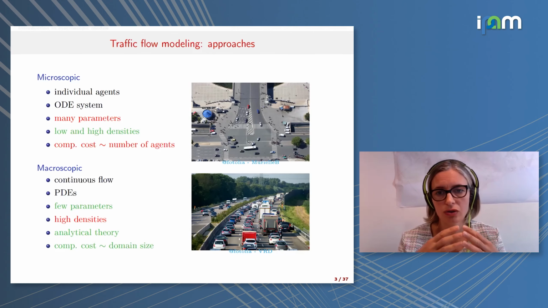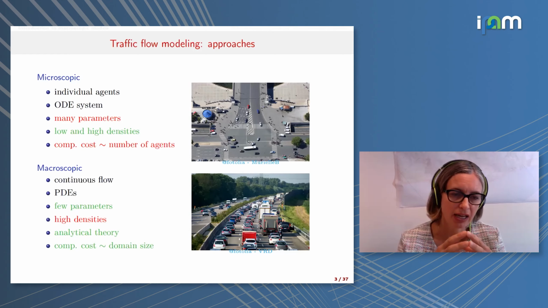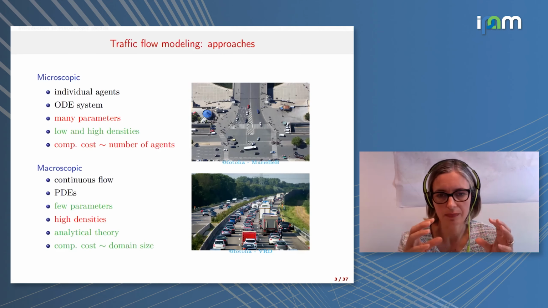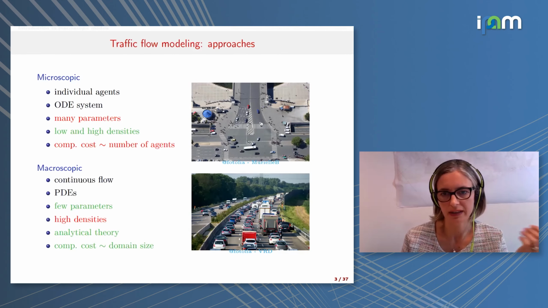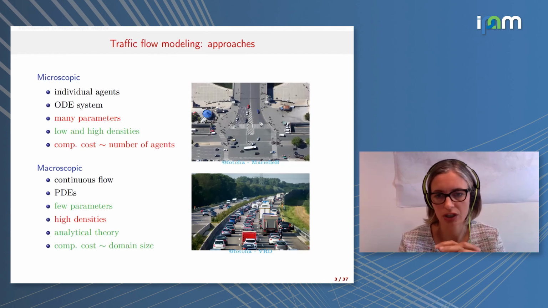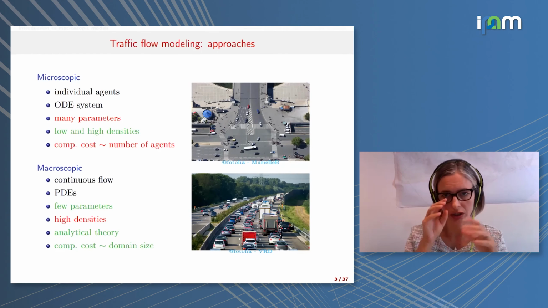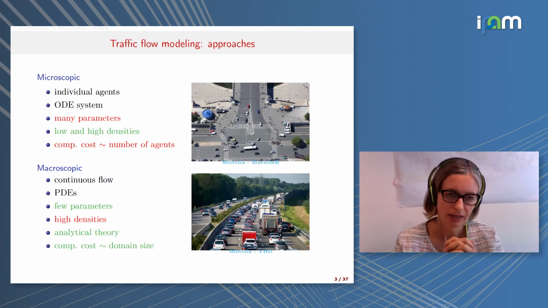They are also harder to calibrate, since there are many parameters to be calibrated. So this type of model is mainly used to describe and understand small settings, like, for example, the one in the picture, a road junction, or some small part of the road network.